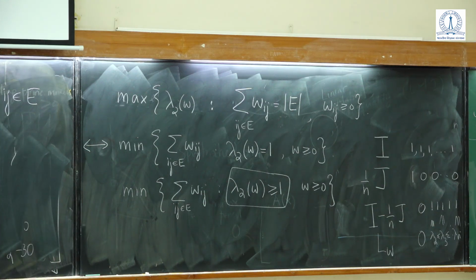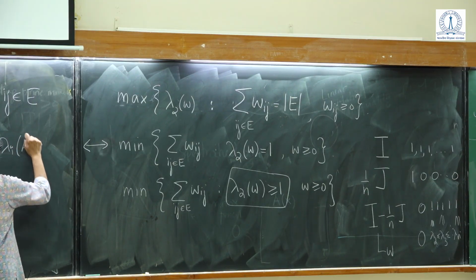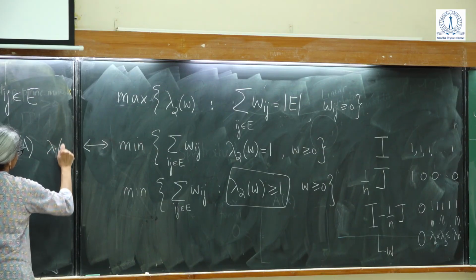If I have two matrices, we're almost there. If I know that A minus B is PSD, where A and B are two symmetric matrices that may not be PSD themselves but the difference is PSD, then what can you say about the ith eigenvalue of A compared to the ith eigenvalue of B?